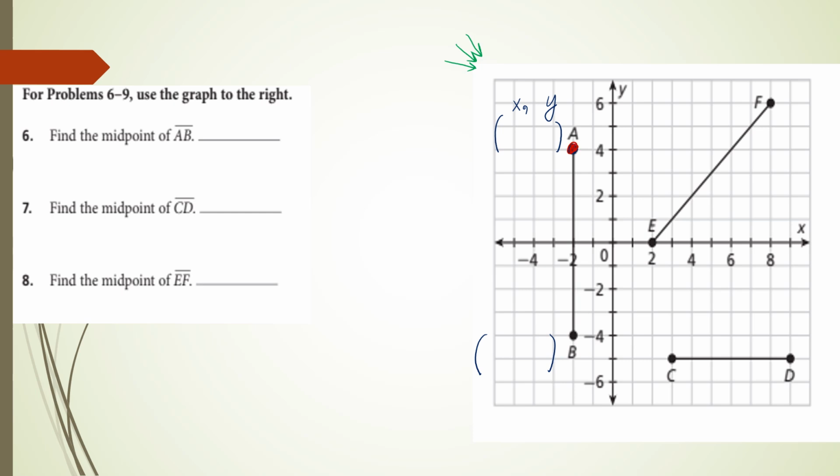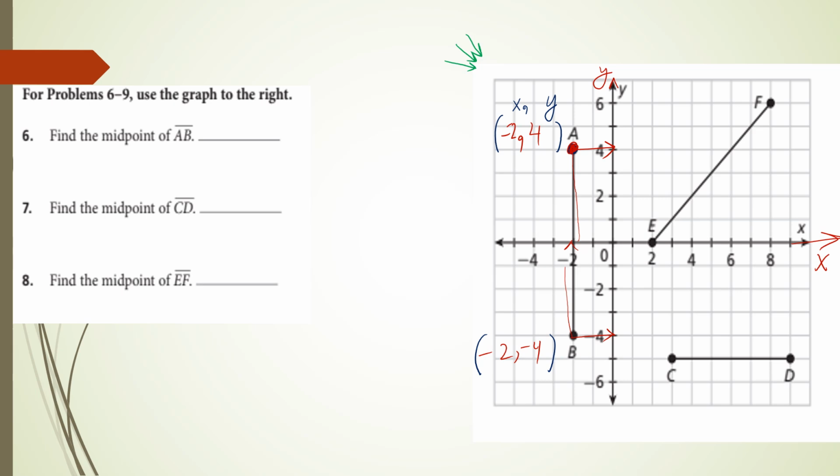Go down, X coordinates are always on the horizontal line and Y coordinates on the vertical line. So on the A, go down, that is minus 2. And what is the value of Y? That is 4. Now over the B, come to the B. The B value, if you go like this, the X value is negative 2 and the Y value on the vertical line, that is negative 4.